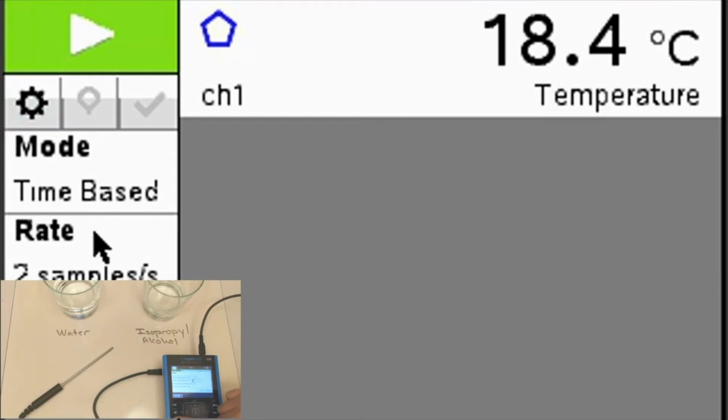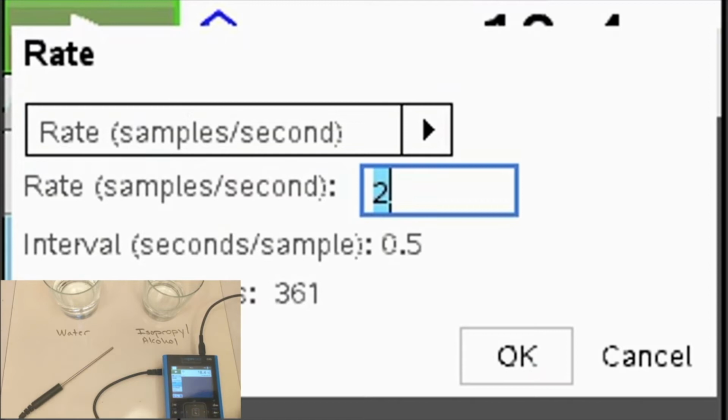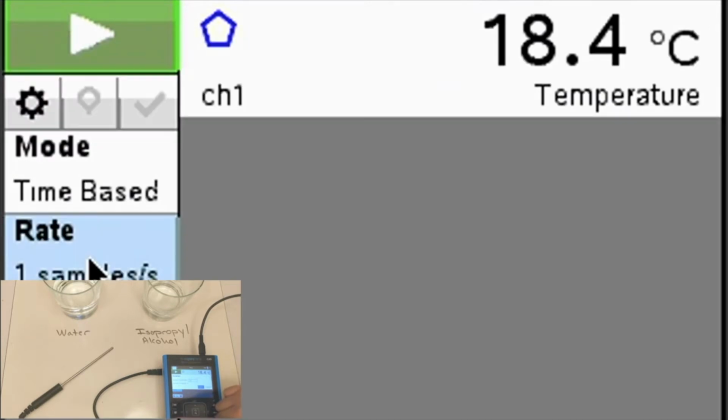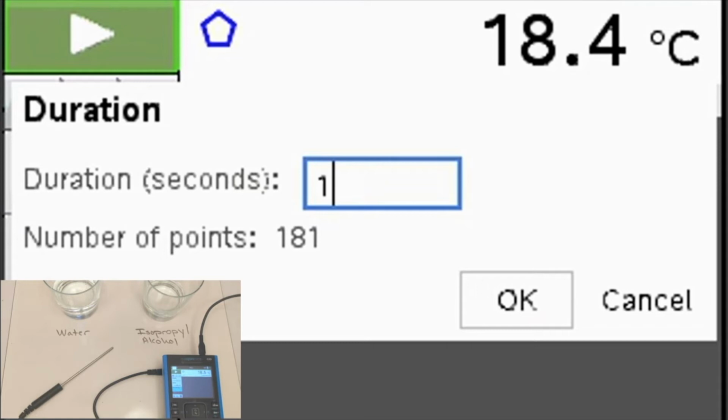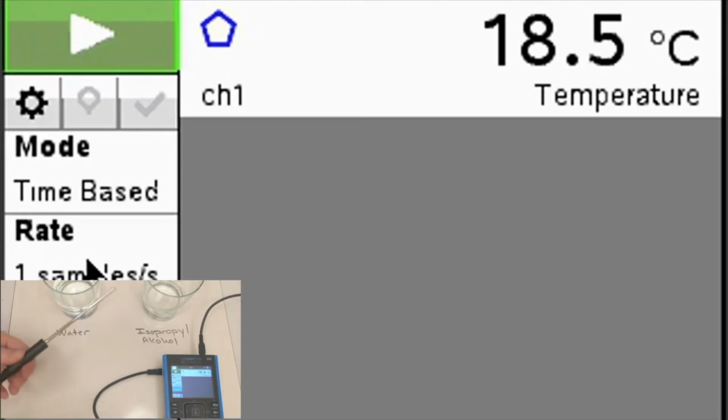We're recording the temperature, and then we're going to change the rate at which we collect the samples. I'm going to change that to 1 sample per second, and then change the amount of time to 10 seconds. So we're only collecting for 10 seconds, but 1 sample per second.